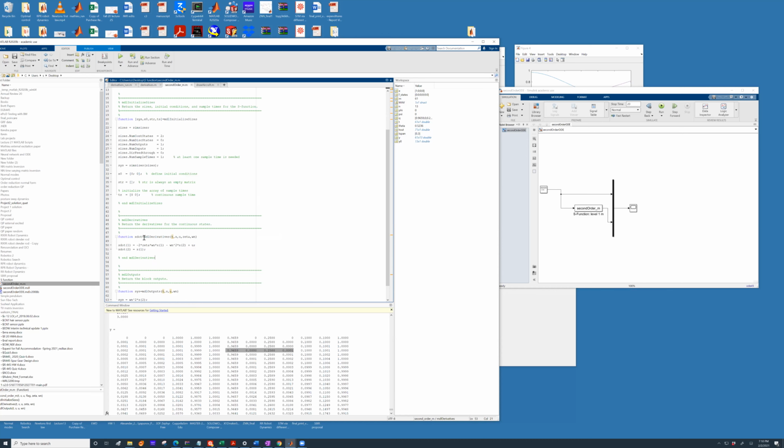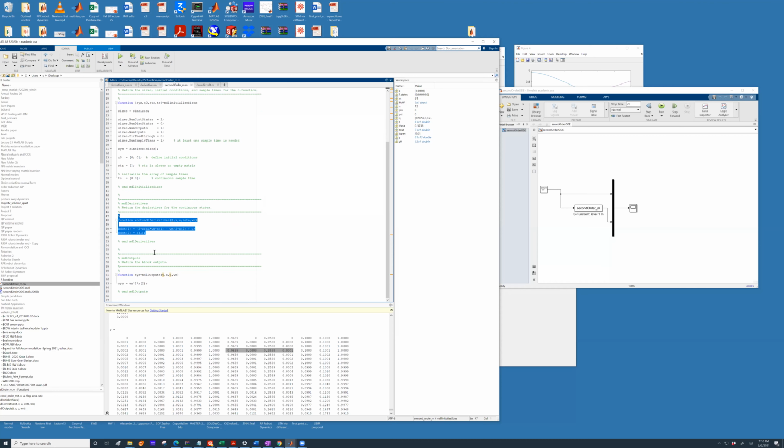So I want you to see this. You have x dot, the MDL derivatives, and these are the inputs. This function has the same structure as derivatives.m. This is where the differential equation goes.